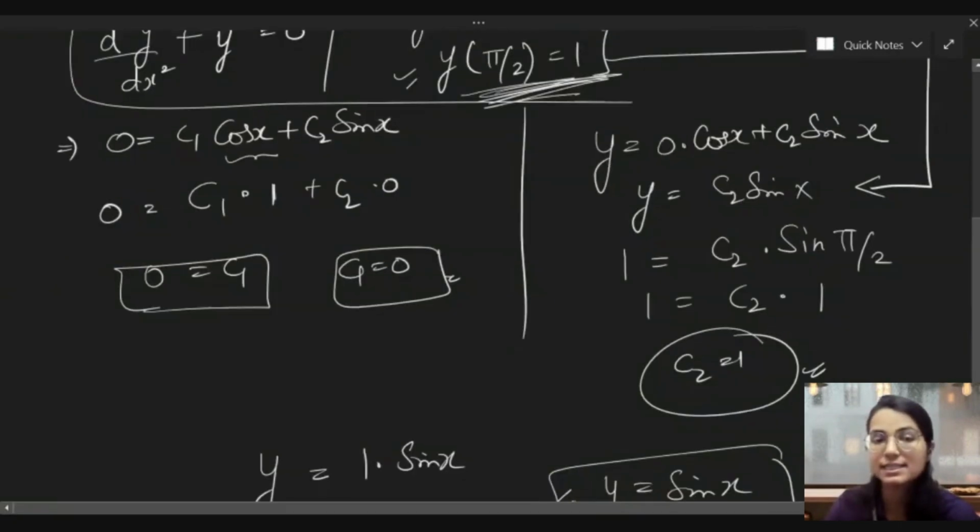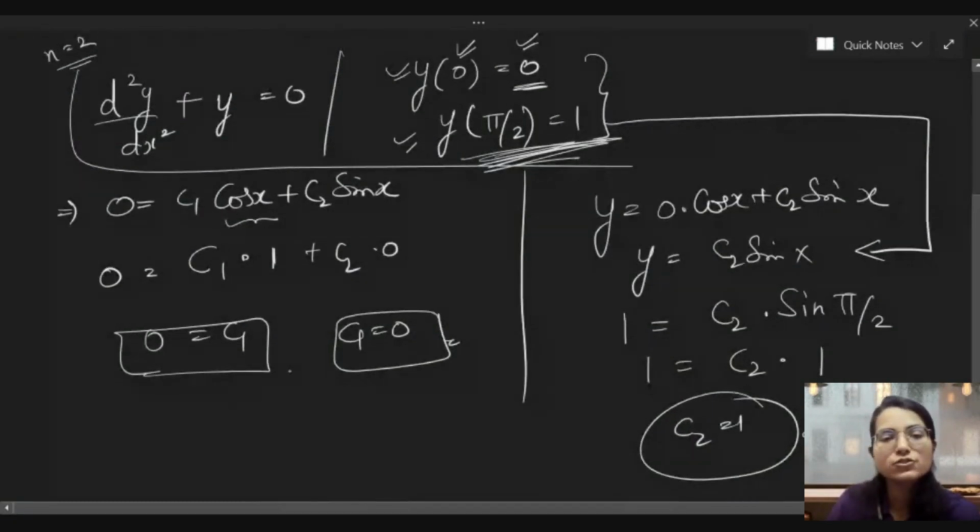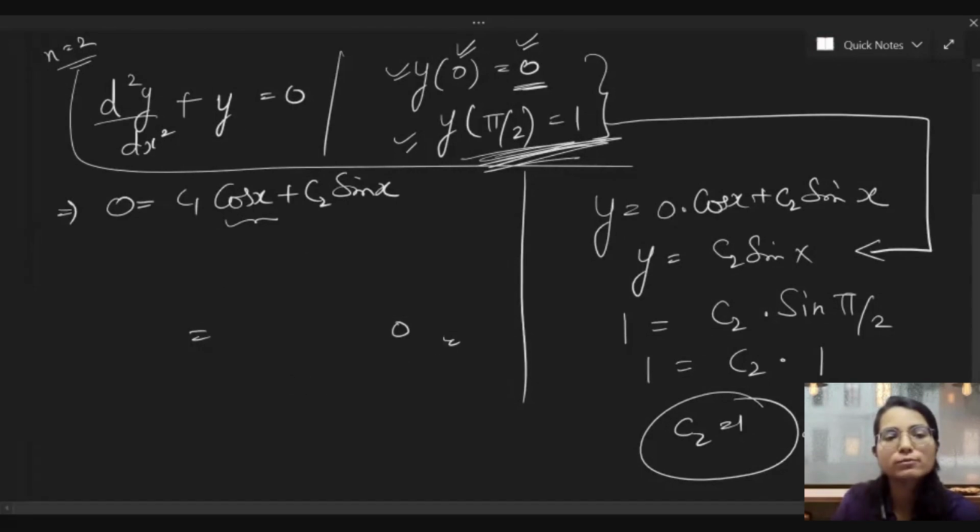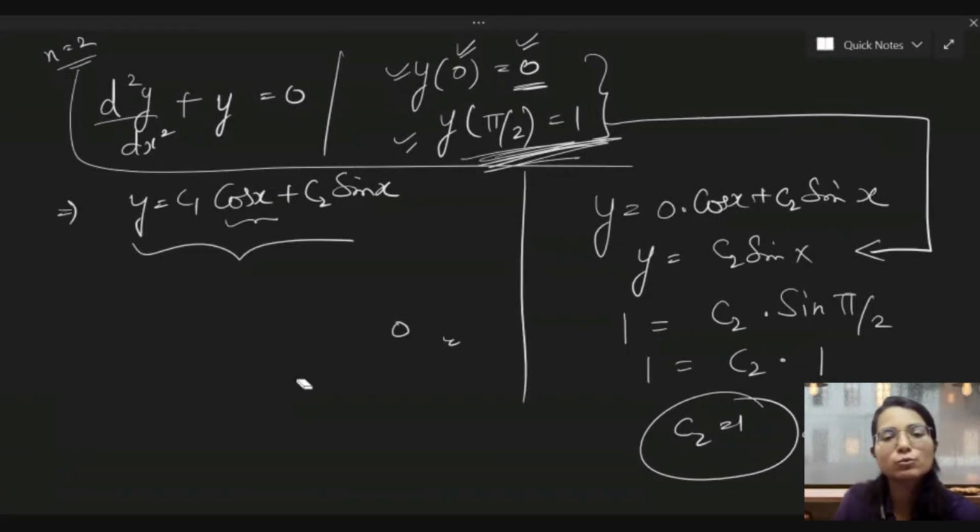Or I can say, when you have the general solution C1 cos x plus C2 sin x, C1 and C2 are arbitrary constants, they can be any real number, or sometimes complex numbers. But if I put C1 equals 1 and C2 equals 1, that's up to me, whatever I want to put, because they are arbitrary.